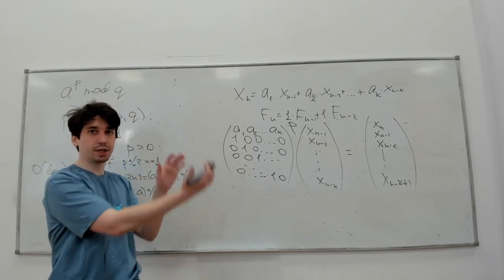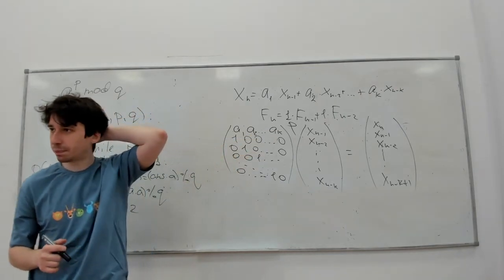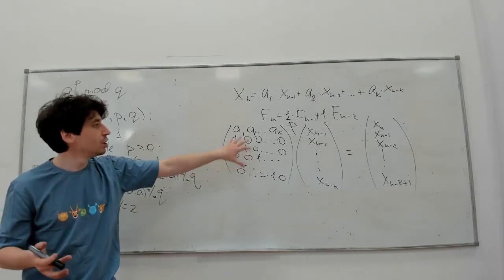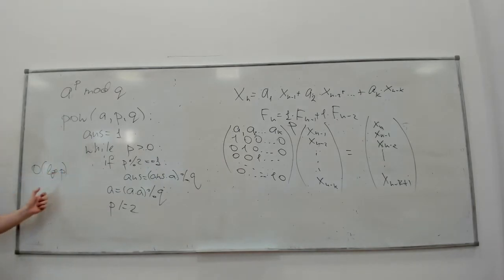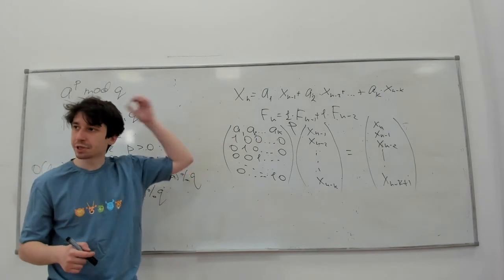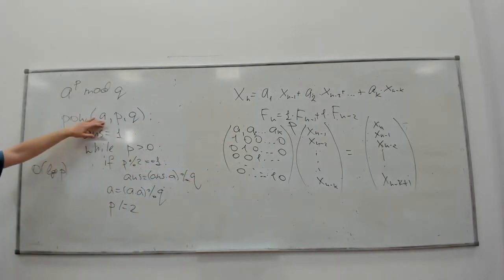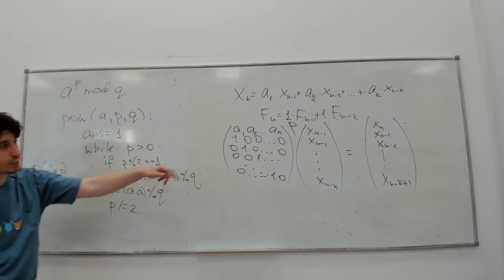So you just multiply, and it should be in a large power here. And then to make it faster, you use this algorithm for the multiplication because it works in logarithmic time. So you just have to multiply this matrix by itself logarithmic number of times. This multiplication does not necessarily have to be multiplication of integers. It can be the multiplication of matrices. Okay.